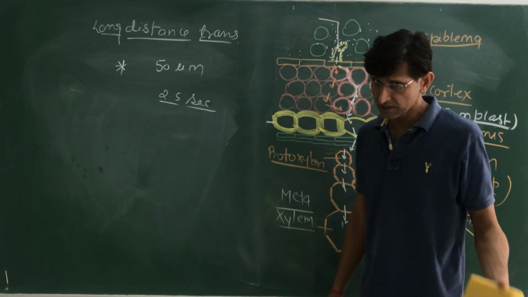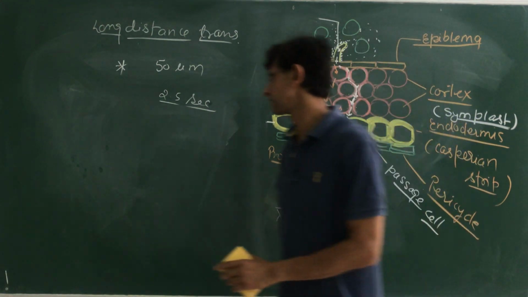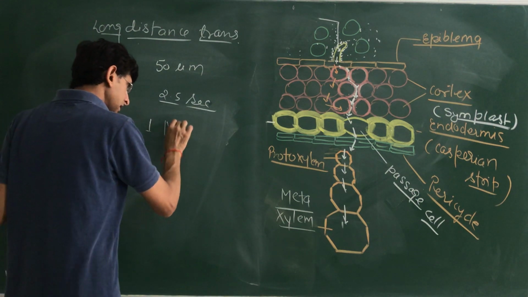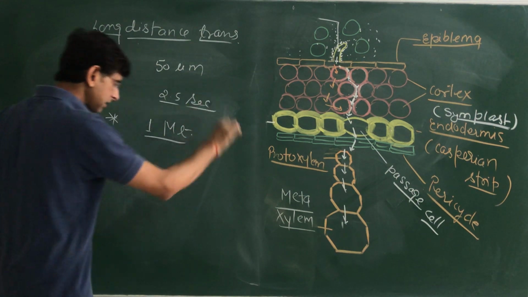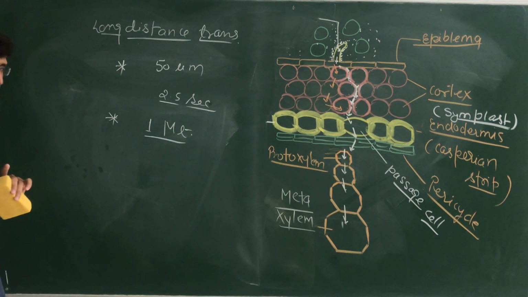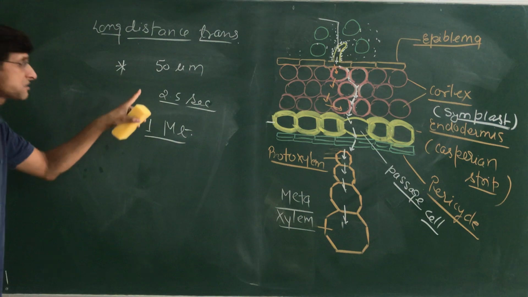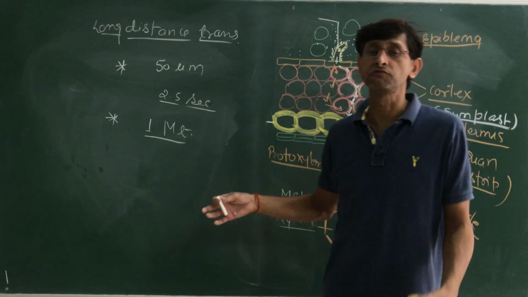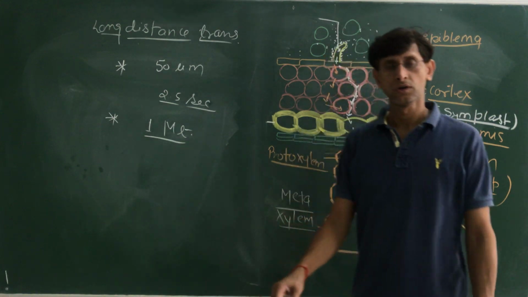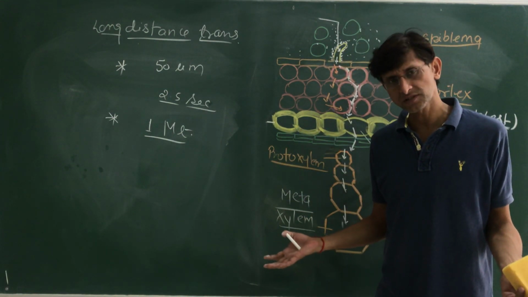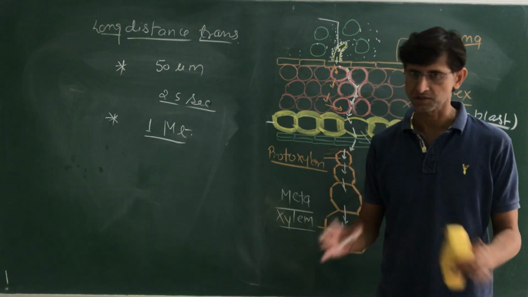But if we consider a long distance, like if the height of a plant is 1 meter, then at this speed diffusion will take a few years to travel this distance. So, is there any significance of this process in long distance transport? Not at all.